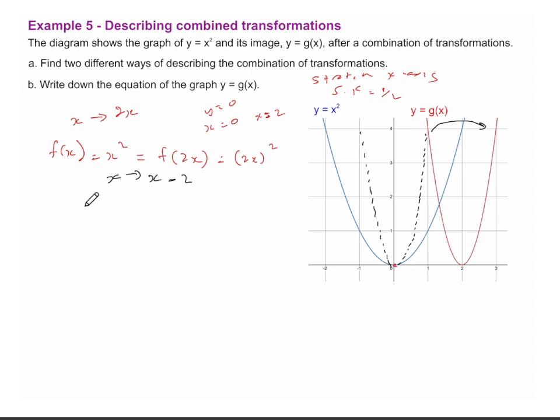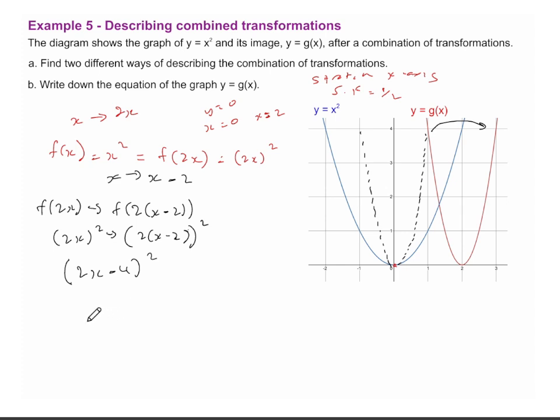And therefore what would happen here now is that our 2x squared, or our f of 2x, will now become f of 2 of x minus 2, or we can say our 2x squared will become 2 of x minus 2 squared. And so we end up with 2x minus 4 squared. So we want to end up with this at the end, according to our calculations right here.